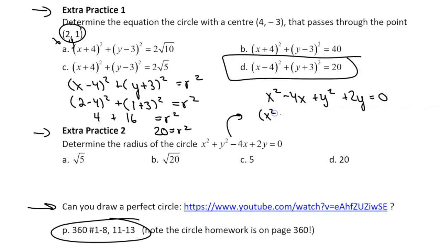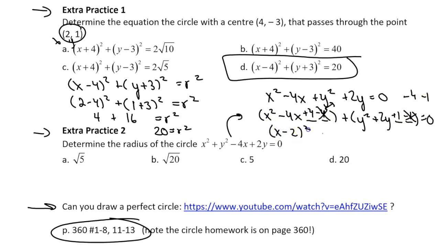And you get x^2 - 4x + blank + y^2 + 2y + blank = 0. We invite in a plus 4 and a minus 4, and we invite in a plus 1 and a minus 1. We got that by taking half of the b value and squaring it. We kick out the -4, and we kick out the -1.